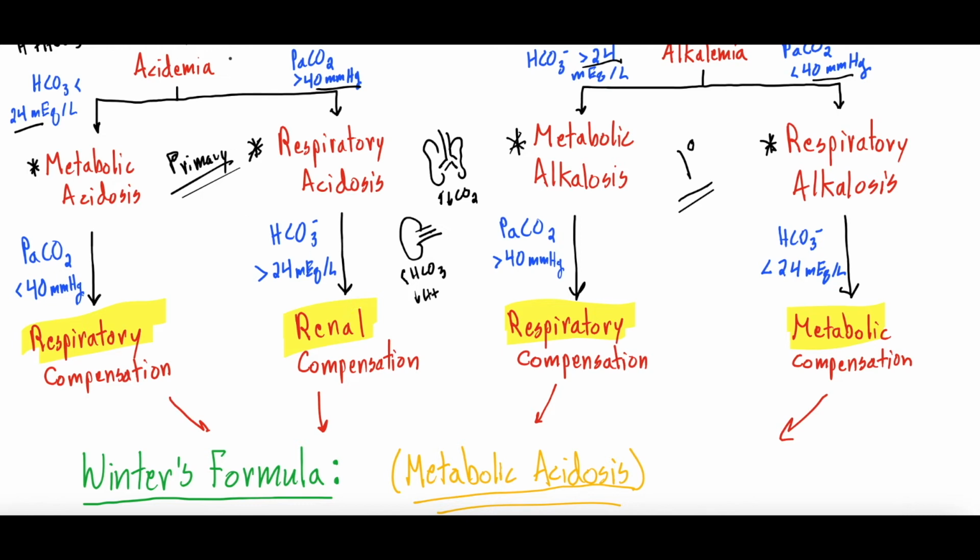So if we go down this route and we have an acidemia, or pH is less than 7.4 or 7.35, if the bicarb is less than 24, meaning it's a metabolic acidosis, then you look to the carbon dioxide.